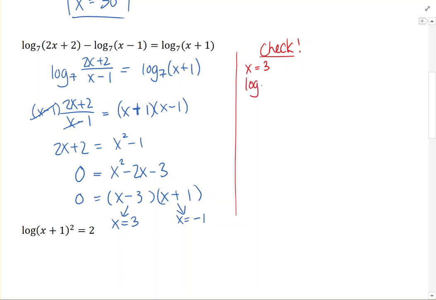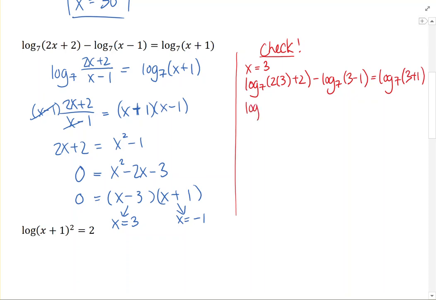So we have log 7 of (2 times 3 plus 2) minus log 7 of (3 minus 1) equals log 7 of (3 plus 1).